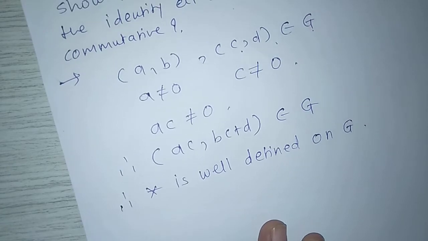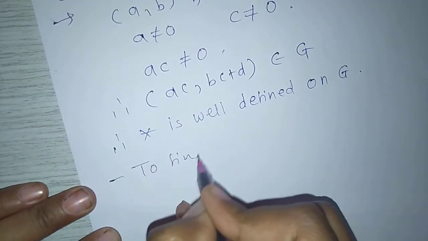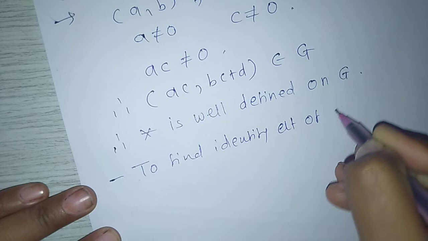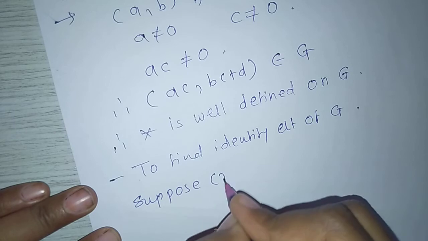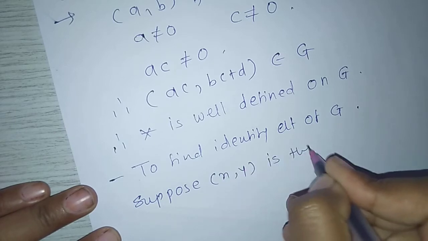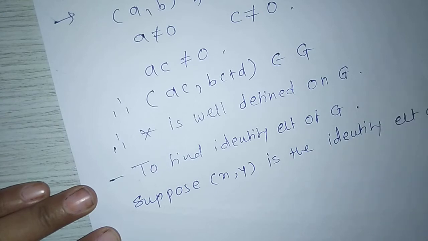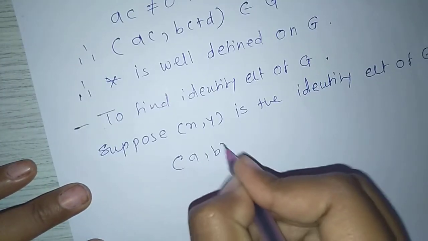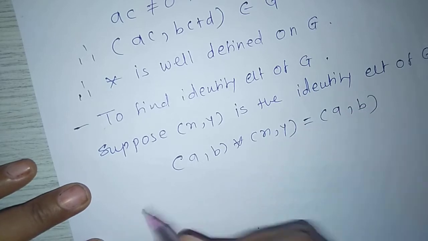Now, find the identity element of G. Next, to find the identity element of G, suppose (x, y) is the identity element of G. Why?